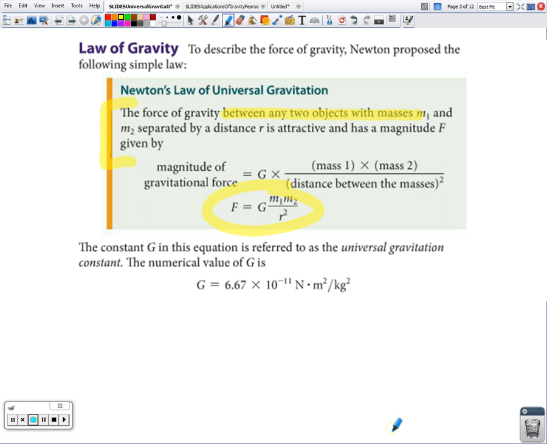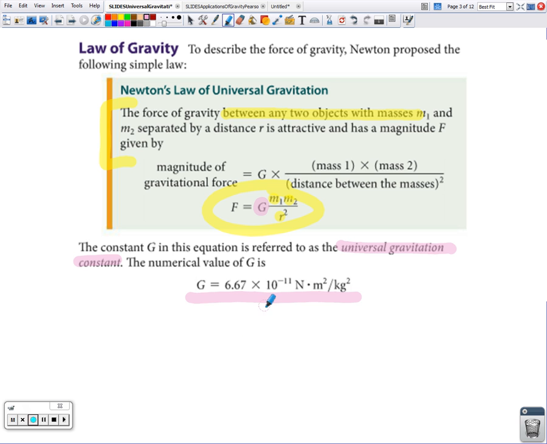How much gravity there is between any two objects with mass depends on a couple of factors. First, it depends on the mass of the two objects, the m1 and the m2 part. It also depends on how far apart they are. Then the other factor is that capital G, which yesterday we introduced as the universal gravitation constant, and its value is given to you right here.